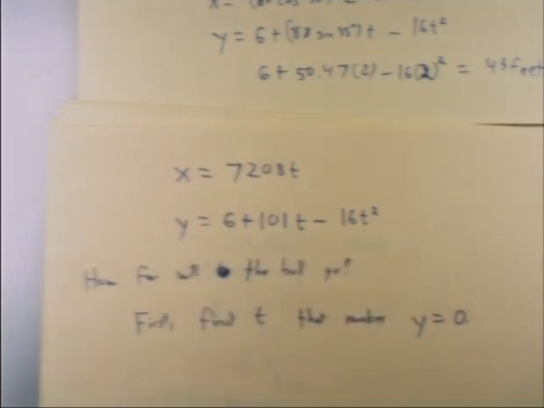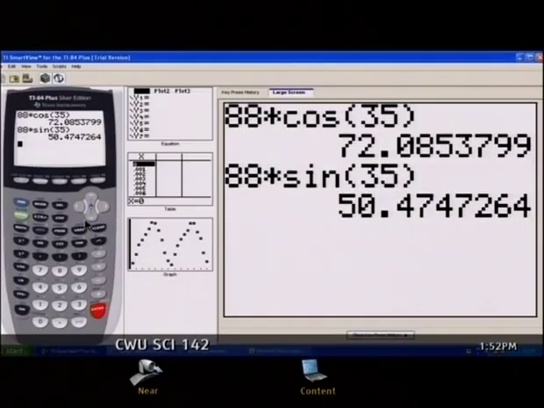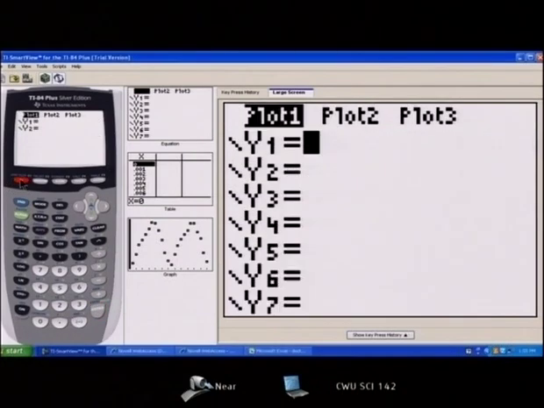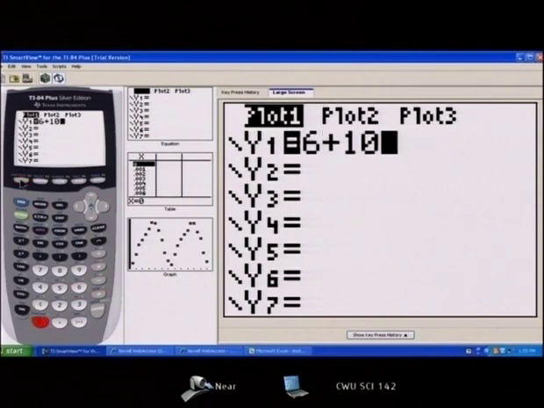Can we do this? Can we take this equation and solve it and set it equal to 0? Of course we can. We could use a quadratic equation, but since we have a calculator right here, let's make life easy for ourselves and pull up a solver. Here we have a TI-84. The easiest way to do this actually is probably just to graph this. Shall we try? If we have 6 plus 101 times a variable x minus 16 times a variable squared.